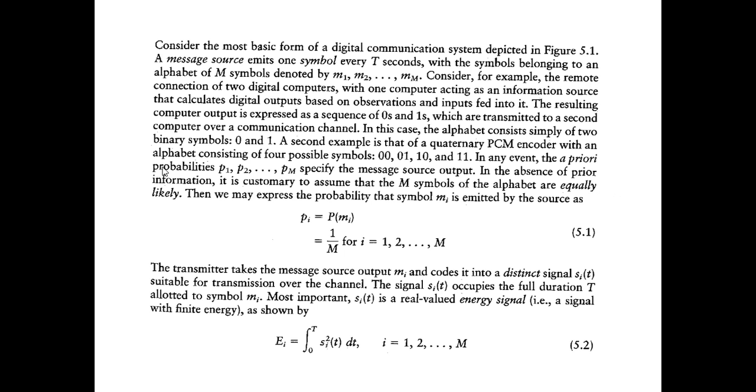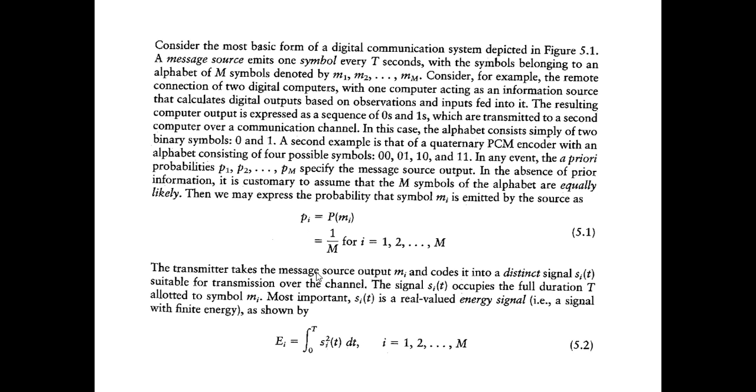In the absence of prior information, it is customary to assume that the M symbols of the alphabet are equally likely. What is the meaning of that? All symbols generated by the source are equiprobable, and the probability of each symbol is 1 by M.